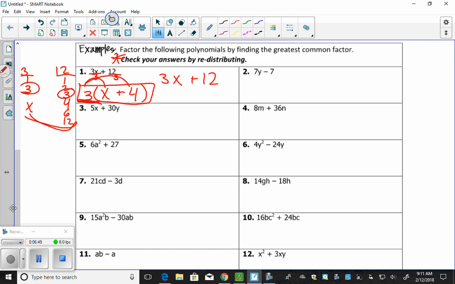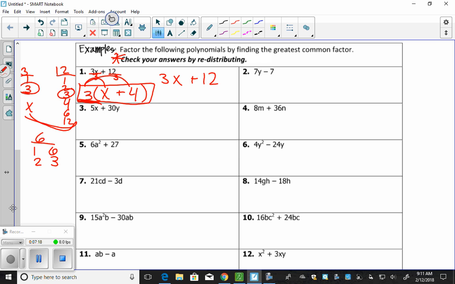Okay? So how I did this, I had to find numbers. Let's use 6. Okay? What number will I know will go into 6 evenly? 1. 1 times what will give me 6? You see that, Jacob? 6. What's another number that will go into 6? What times 2 will give me 6? 3.